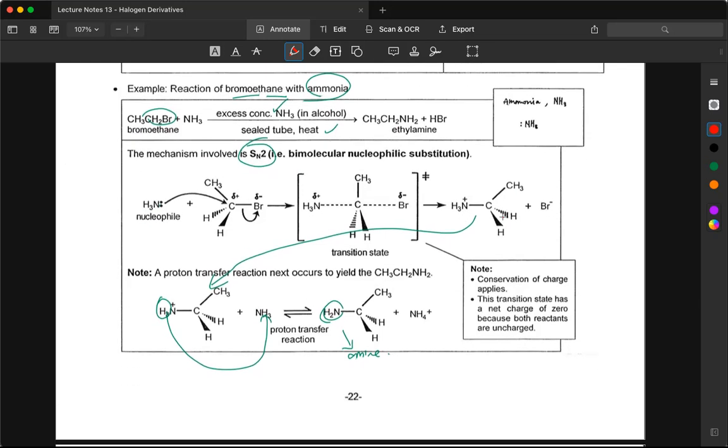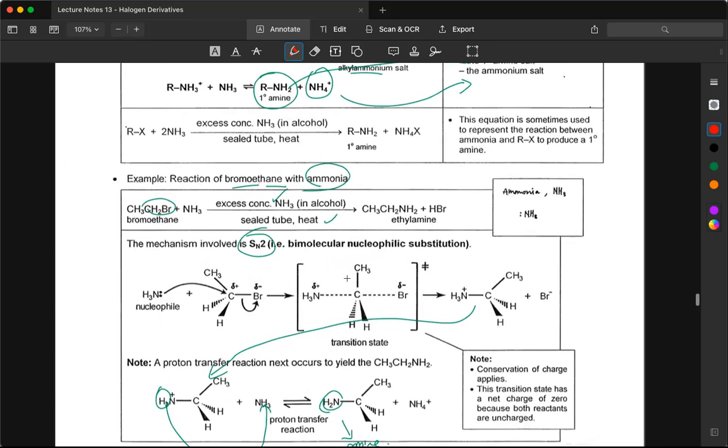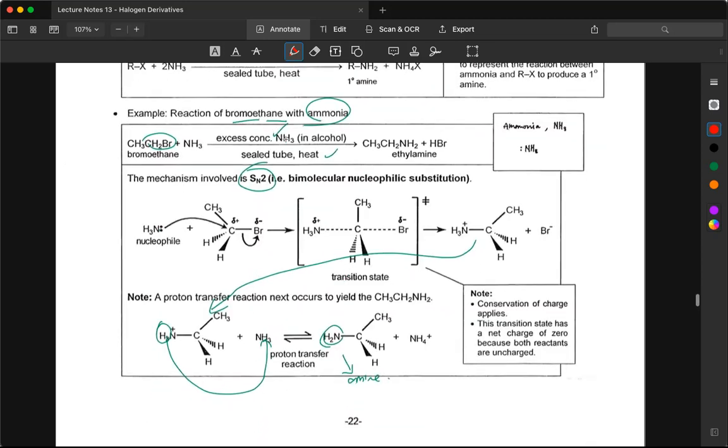Because the ammonia is in excess, the ammonia that remains will continue to react with the product. There's a proton transfer reaction: the H is transferred to ammonia to form the ammonium salt, and a primary amine is formed.